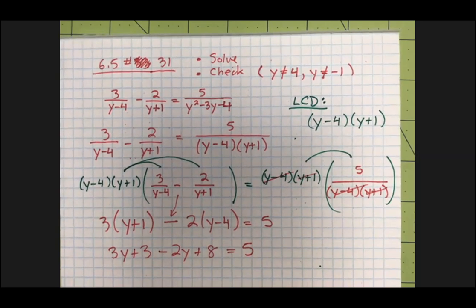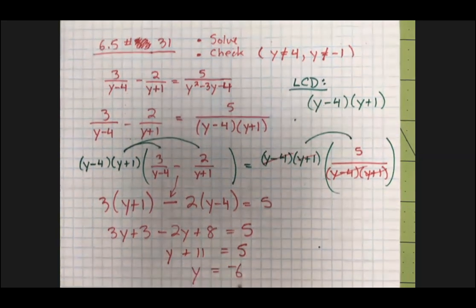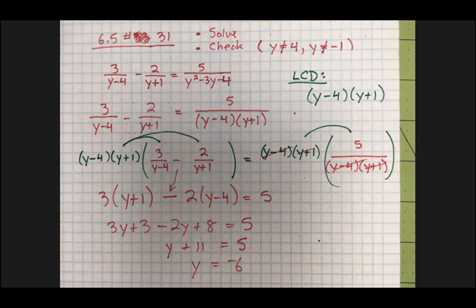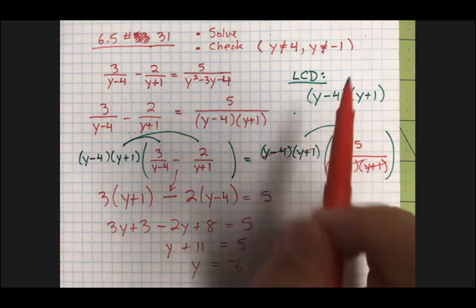Now, this equation is more up our alley, just straight ahead. 3y minus 2y is y. 3 plus 8 is plus 11. And that's going to be 5. So now I know what y is. Subtract 11: y equals minus 6. Now remember, this is still only a possible solution. I have to go back and do the check.